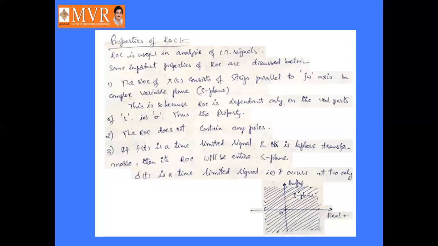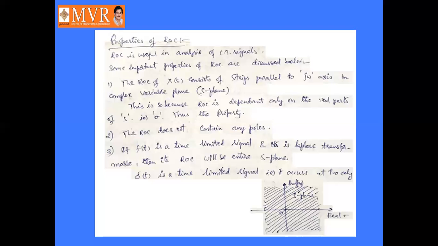This is so because ROC is dependent only on the real part of s, that is sigma. ROC depends on the real part of s. Next point is the ROC does not contain any poles.